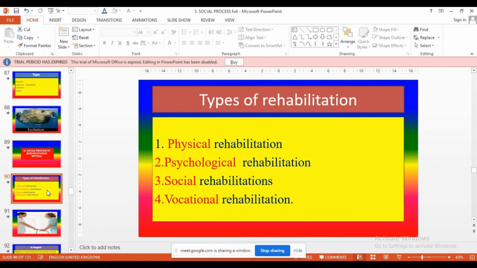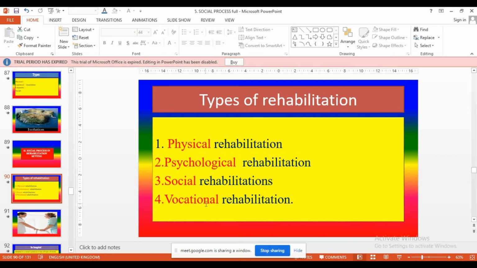We are professionals directly involved in rehabilitation: physical rehabilitation, to restore from physical illness; psychological rehabilitation from mental illness; then social rehabilitation, mainly in the community setting, to rehabilitate people from distractions.